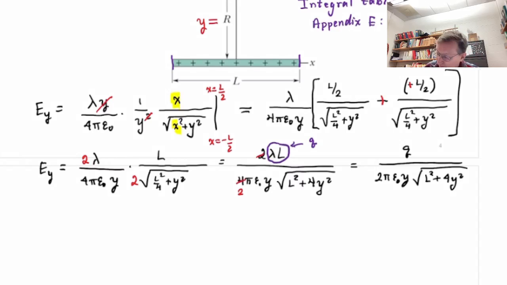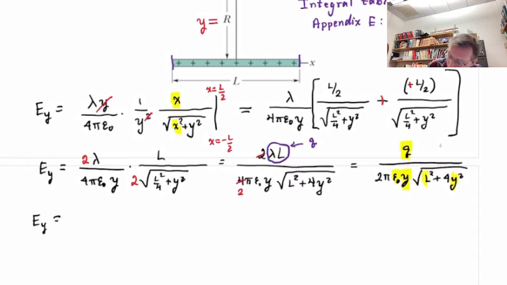Okay? Now remember, we were given numerical values for Q and y, that's the R, and L. And of course we know epsilon 0, so you can plug in and get a number here, okay? I'm going to write down what you get.